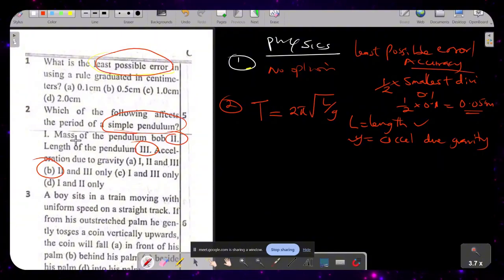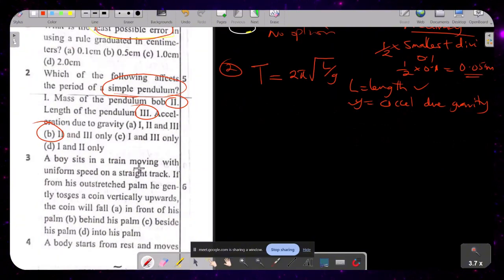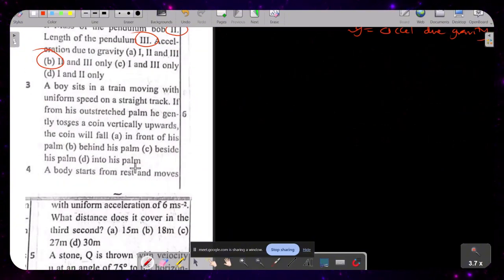Now the next question, question number 3, says that a boy sits in a train moving with uniform speed on a straight track. So he sits on a train with uniform speed. Then they say that from his outstretched palm he gently tosses a coin vertically upwards.